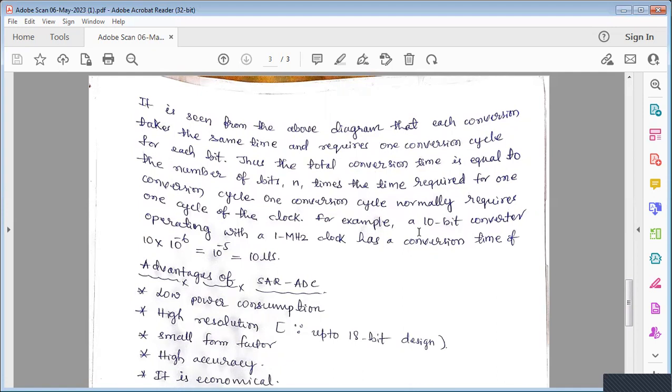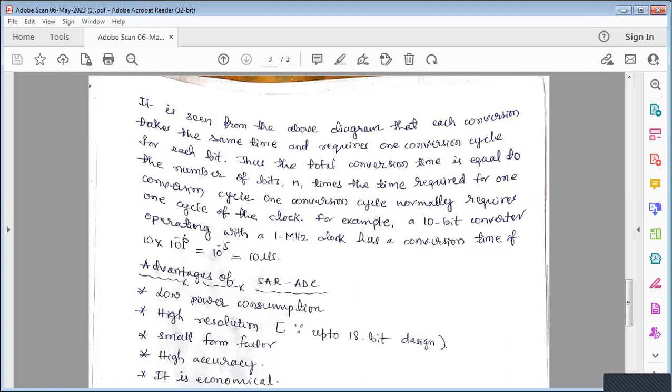So for example, if you have a 10-bit converter working with a 1 megahertz clock, it has a conversion time of 10 times 10 to the power minus 6.